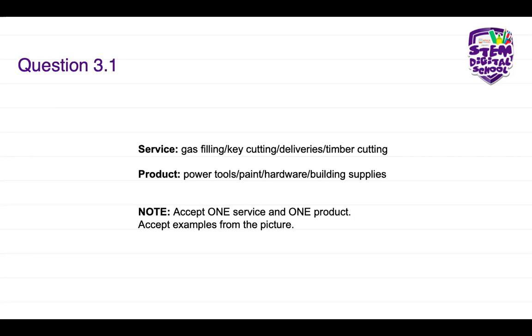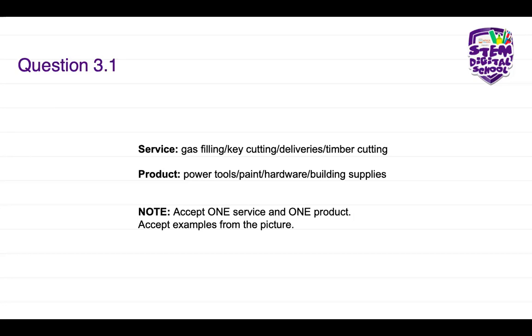You can't hold or touch a service, but you can see a service. Power tools are products that you can take, touch and move. Gas would be a product, but gas filling is a service.